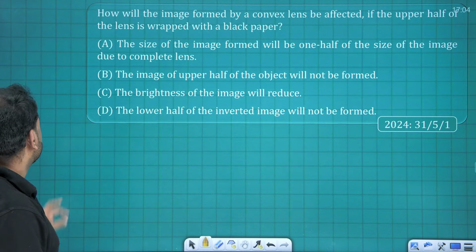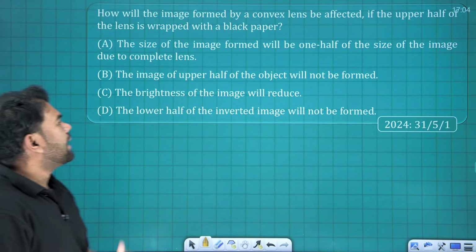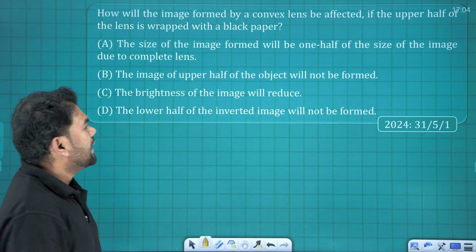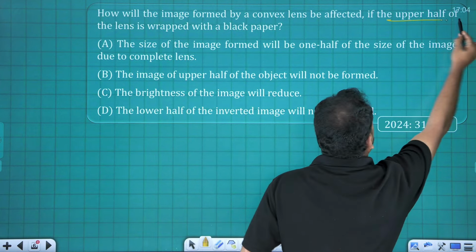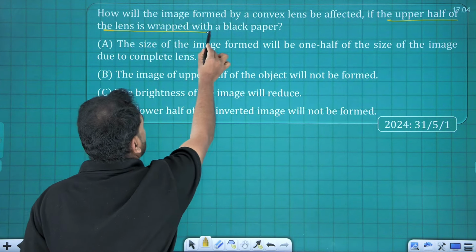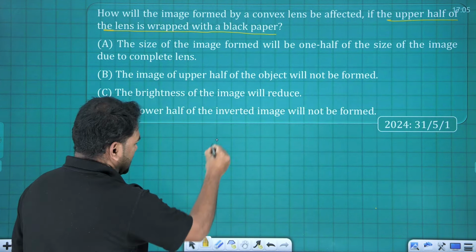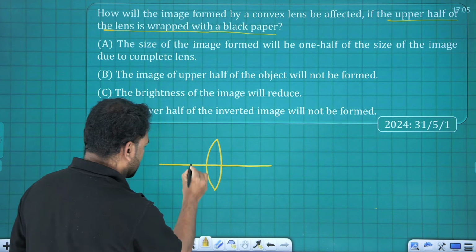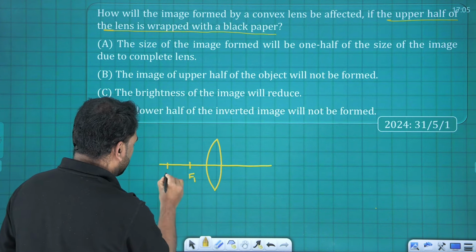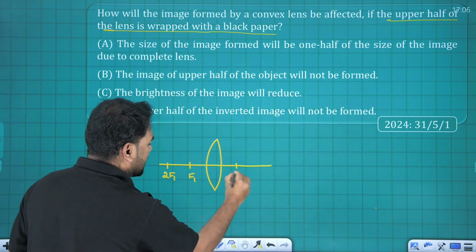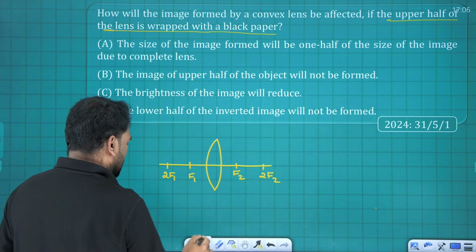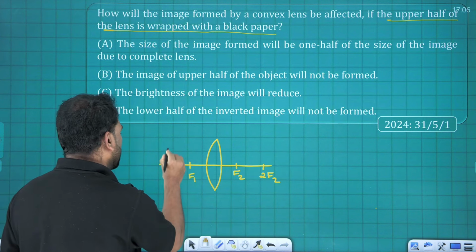Now the next question is, how will the image formed by a convex lens be affected if the upper half of the lens is wrapped with a black paper? So we can consider a convex lens. Let f1 be this position, f2 this position, and 2f2 here. Now imagine we are keeping an object at 2f1.